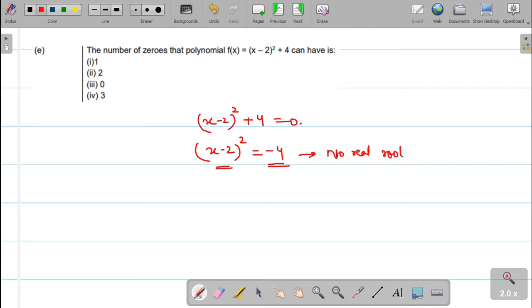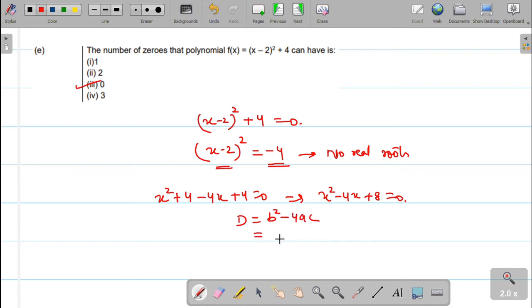So when you talk about the zeros here, the number of zeros in the real plane should be 0. Even if you think that on expanding this I can further explain: x square plus 4 minus 4x plus 4 equal to 0 will imply x square minus 4x plus 8 equal to 0. Let's find out the discriminant here. The discriminant should be b square minus 4ac.